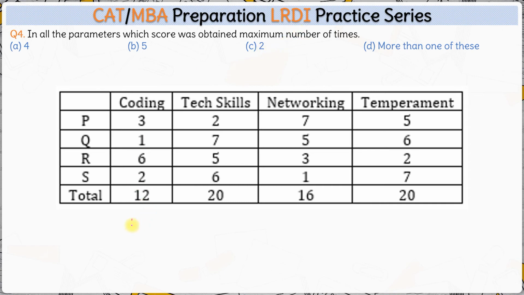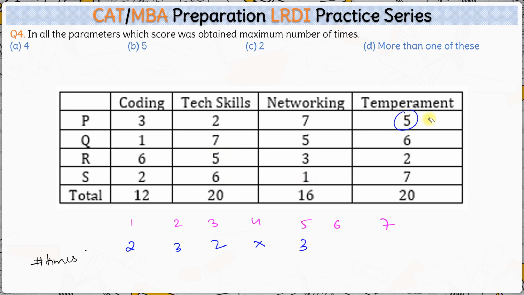Okay. So we have 7 scores possible: 1, 2, 3, 4, 5, 6, and 7. So let's see how many times each score was obtained. 1 is obtained only twice. 2 is obtained 3 times, right? 3 is obtained twice. 4 is not obtained at all, so let's forget that. 5 is obtained 3 times.